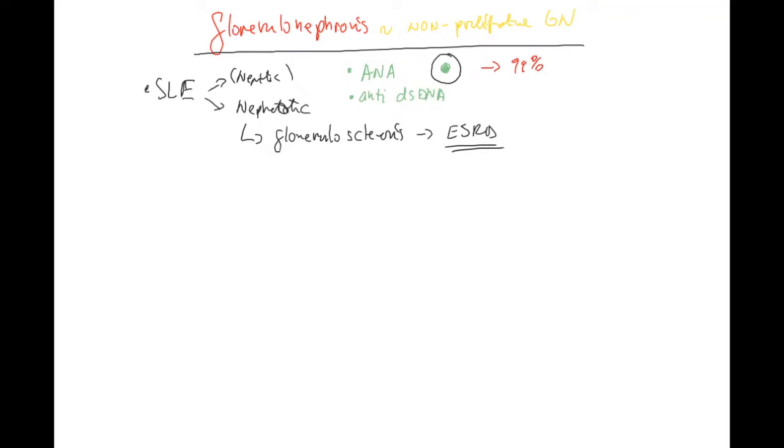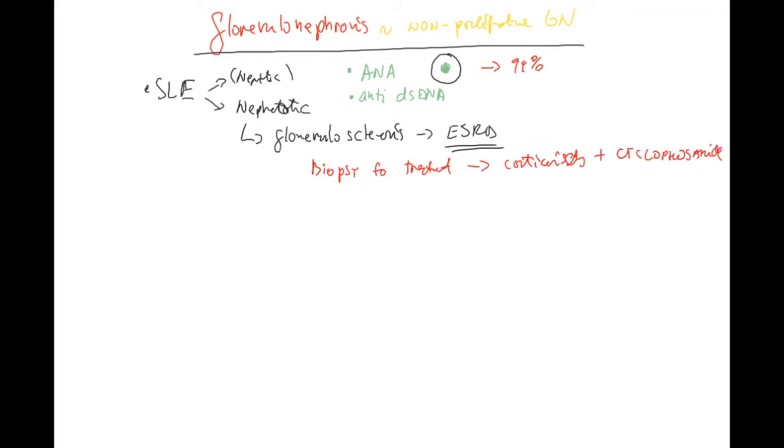Because you want to know if glucocorticoids are enough, or if you have to combine it with something more toxic like cyclophosphamide. Okay, so remember, biopsy for treatment. Corticoids plus cyclophosphamide.